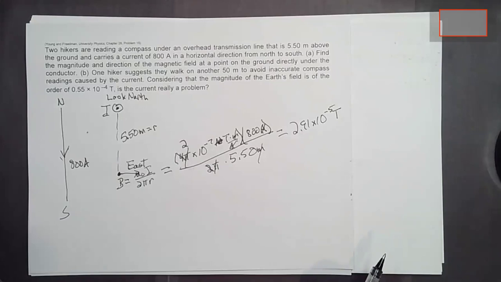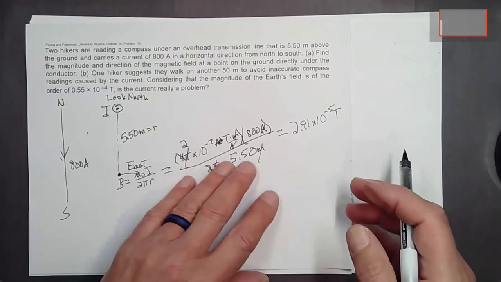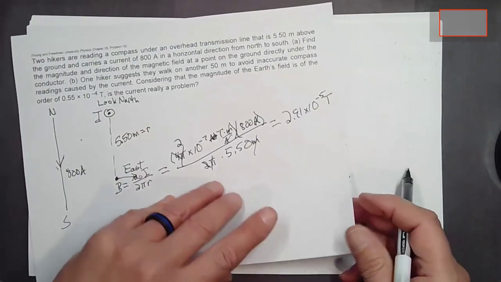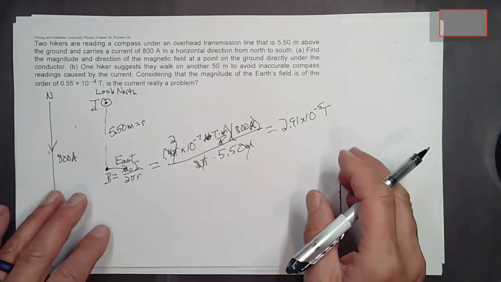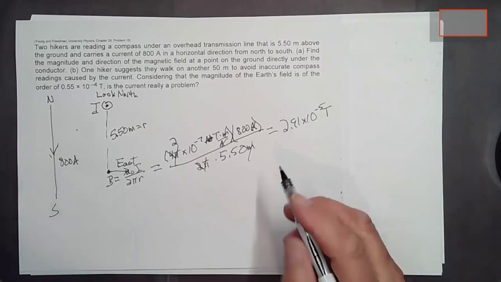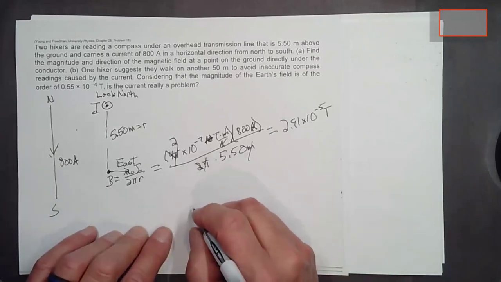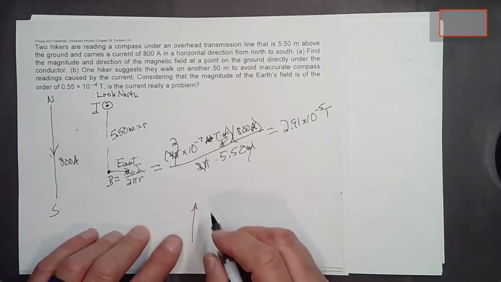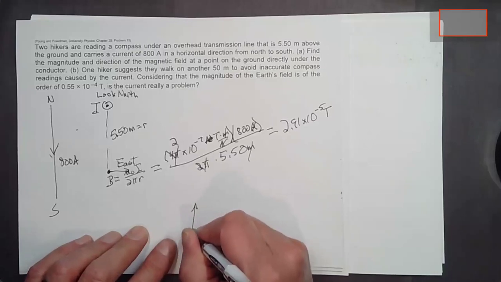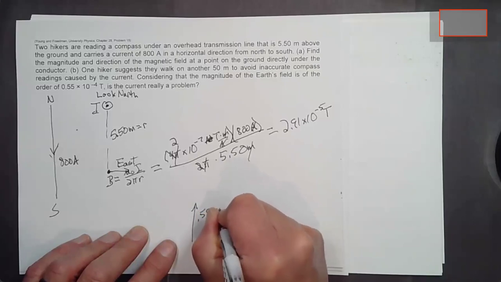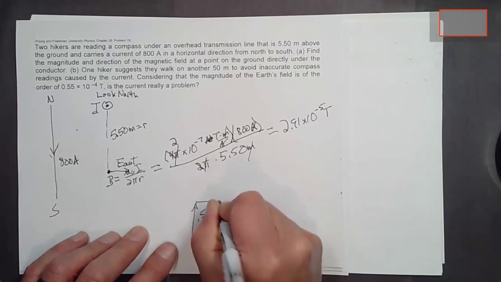I think we had a stronger magnetic field on that previous problem. Check it out. Where did I put that thing? I don't know. Lost track of it. Yeah, but anyway, you have the Earth's magnetic field pointing north, say at 0.55 times 10 to the minus fourth. And then this one is pointing east.